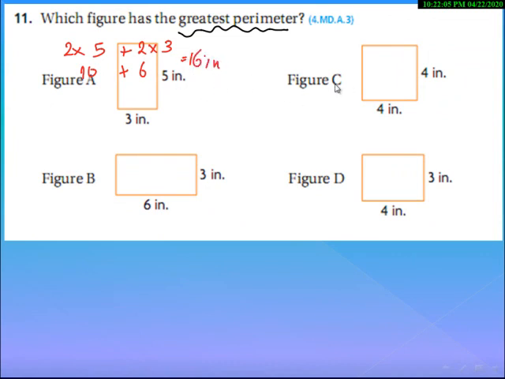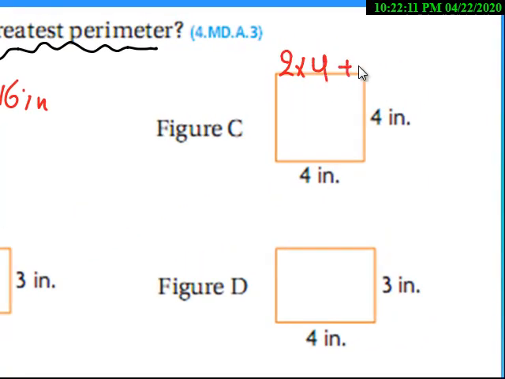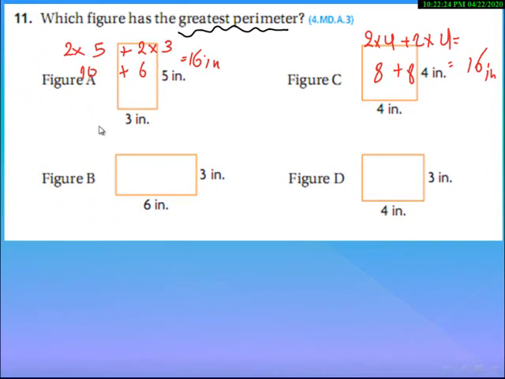16 inches. And here, figure C, I can see square. So 2 multiply 4 plus 2 multiply 4, or 4 multiply 4 of them. Yes, you are right if you said that. Now 8 plus 8 equals also 16 inches. Figure B, 2 multiply 6 plus 2 multiply 3. 2 multiply 6, 12.